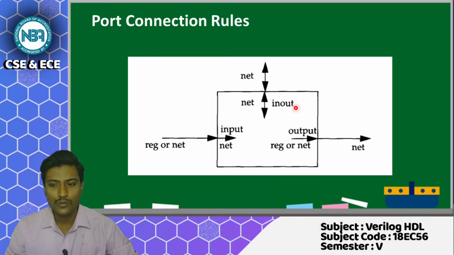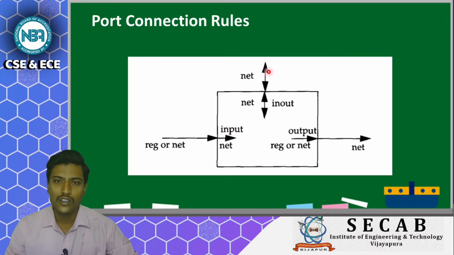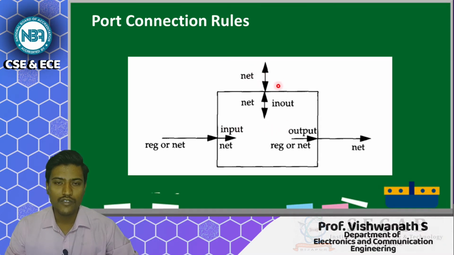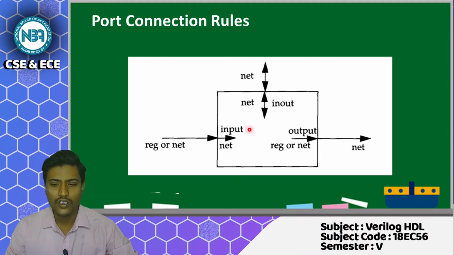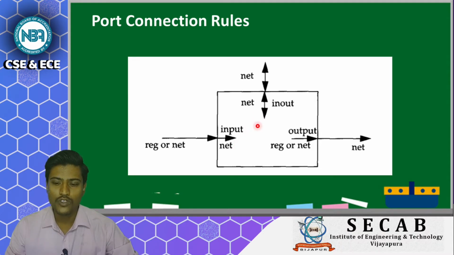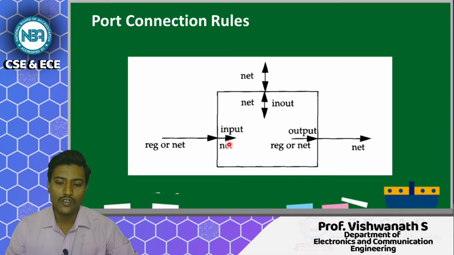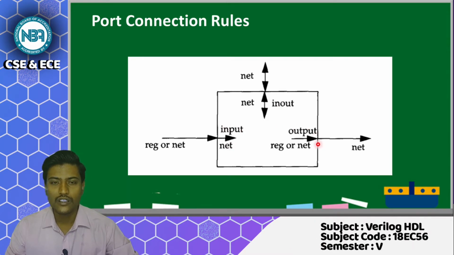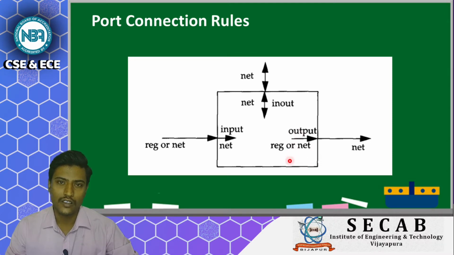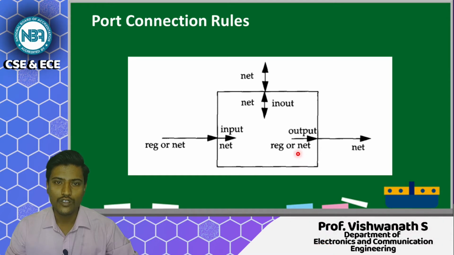For in-out ports, the external side will always be a net, and the internal declaration should also always be a net. So input ports and in-out ports will always be of type net, that means type wire, and the output might be a register or a net, depending on your design.